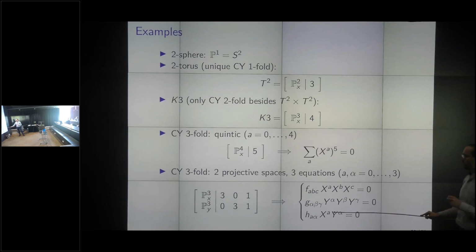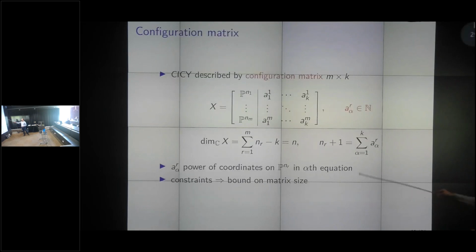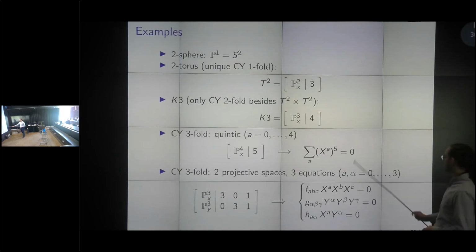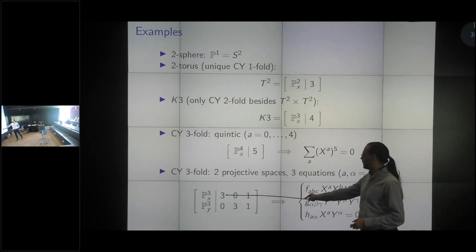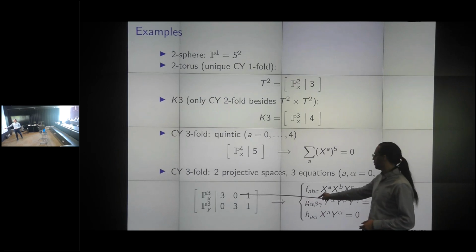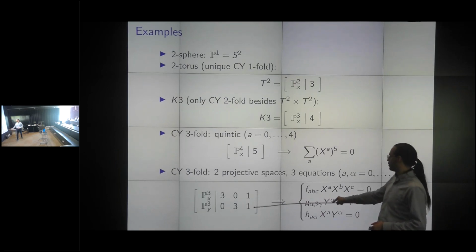The point is that in each equation, you should have a unique power of the variable. So here you have 3x, 3y, here 1x, 1y, but you cannot have, for example, 3x and 2x. It's necessarily the same power, which is why in the matrix you encode the power you get in each equation. So you see the first equation is 3 in x, 0 in y. The other one is 0 in x, 3 in y, and here it's 1 and 1.